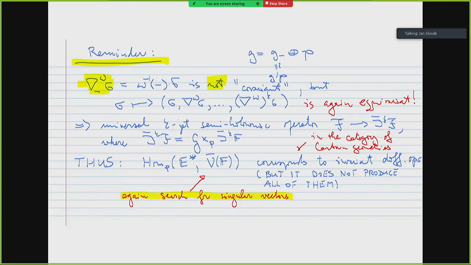And I don't have as much time as I thought, so I claimed I would be scribbling here, I thought I would show you explicitly, because it's very straightforward to see that if the order is 2, then there is always the singular vector cover, which corresponds to what I told on the first day, that the symmetric classical second jets are sitting as a submodule in the semi-holonomic ones, right?